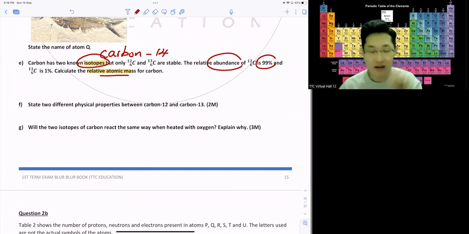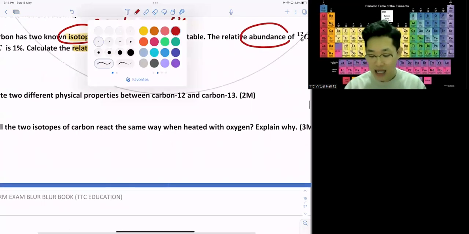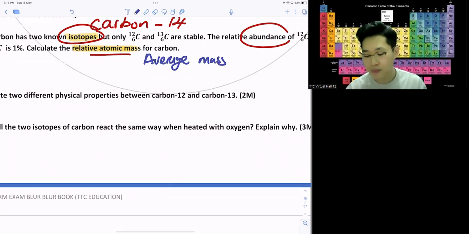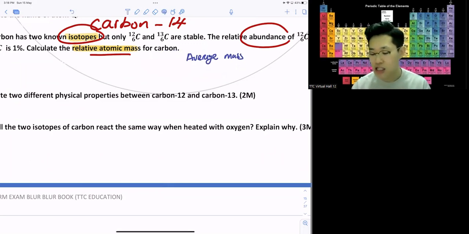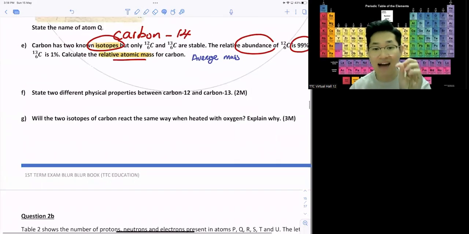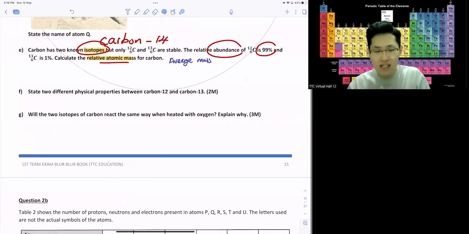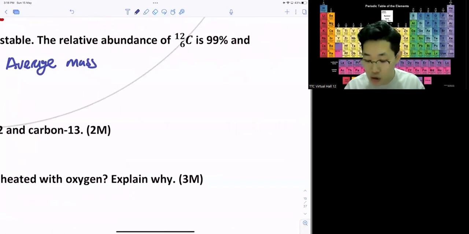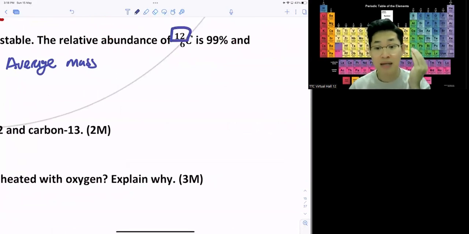Remember, this is a very simple question, whereby they just want you to find the average mass. The way of solving this question is find the average. What is the meaning of average? Just like I told you all, nucleon number is also equals to the atomic mass.